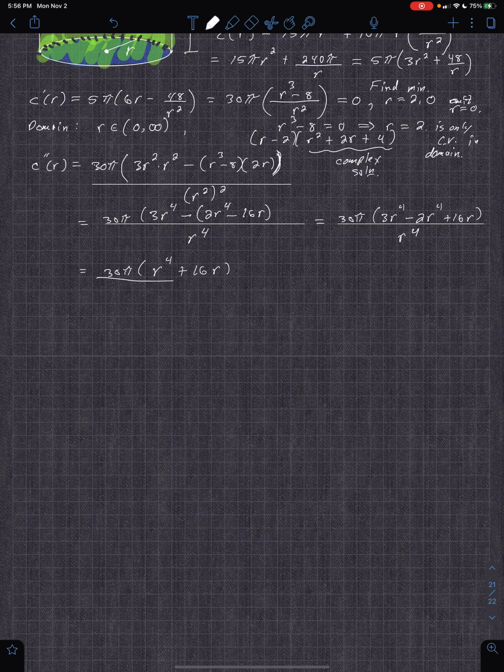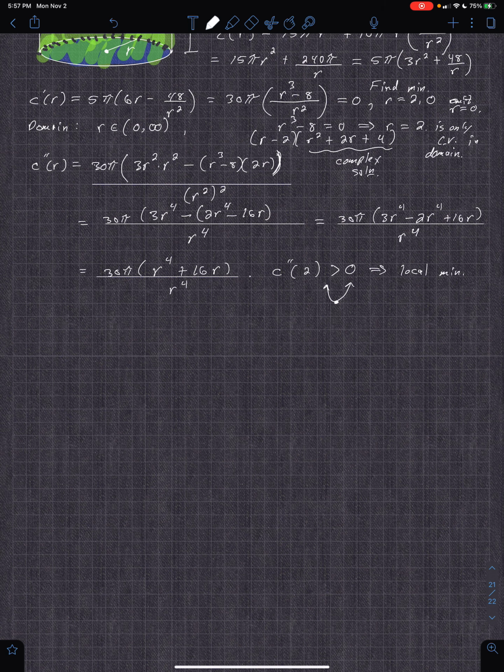Okay, that's easier to analyze because if you put in a positive value, you'll get a positive value. So now it's easy to check. C double prime of 2 is positive, right? Everything's positive, so if you put in a positive here, this will remain positive, and then you're adding positives. So greater than 0 is concave up, right? So that implies a local minimum.